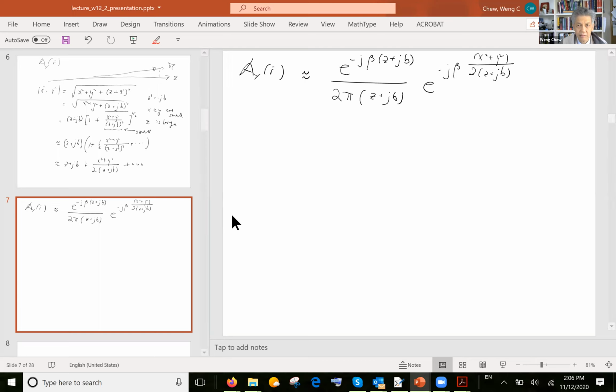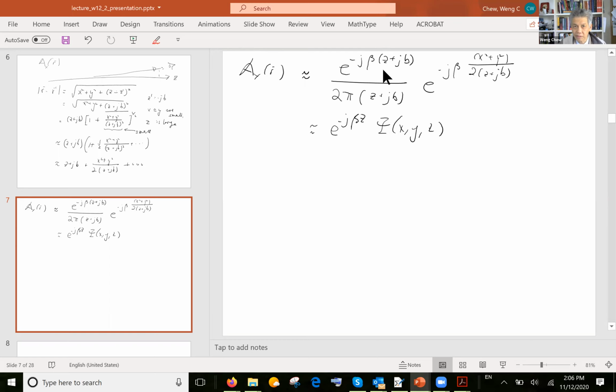When I plug it back in, the exponential argument should be the same as this equation, which is the paraxial wave approximation to that expression over there. This is the paraxial wave approximation to this function, and this is something that I have derived from an exact solution, and now I can compare the two.